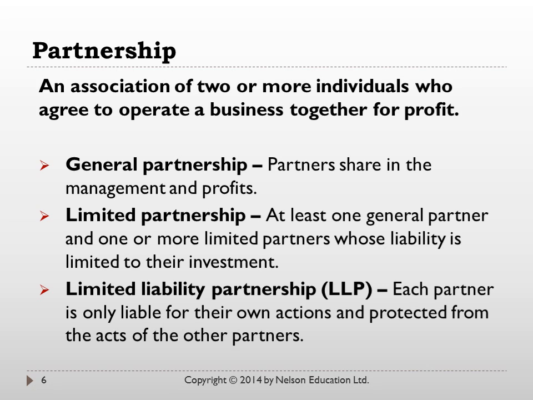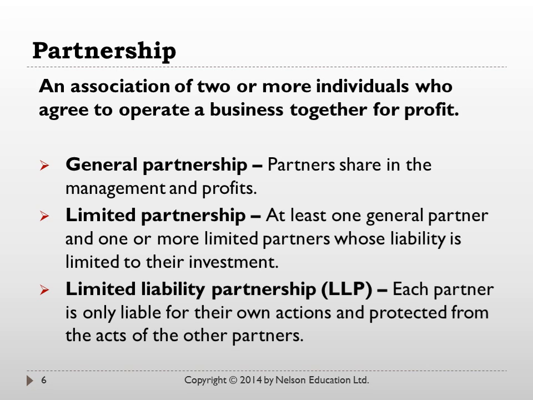The second form of partnership is what's called a limited partnership. And in a limited partnership, there are two types of partners. One is a general partner, who is the person that is responsible for managing and operating the business. And the general partner is fully liable for all the debts of the partnership.